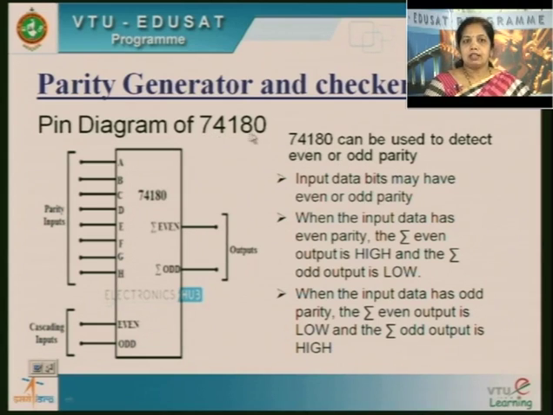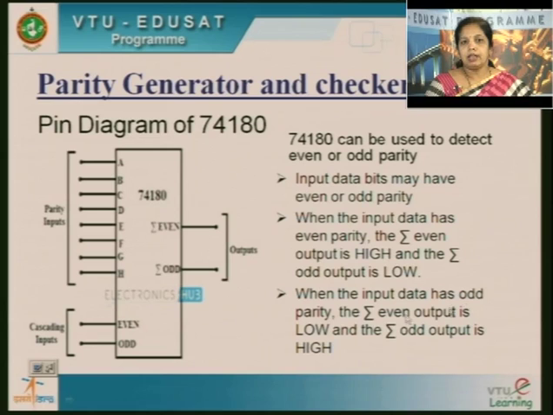So basically this 74180 is called a parity generator as well as checker. It can be used to detect even or odd parity. The input bits may have even or odd parity. When the input data has even parity, this particular output will be high. When the input has odd parity, your output is low.